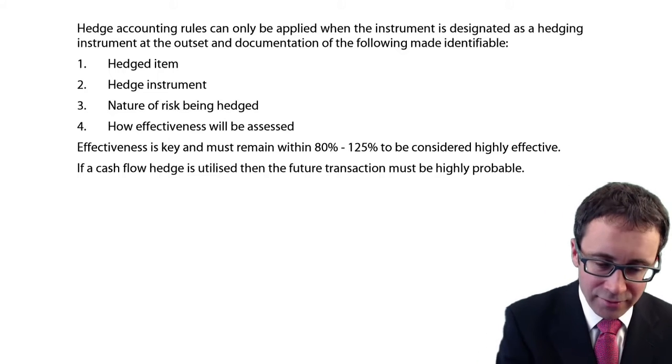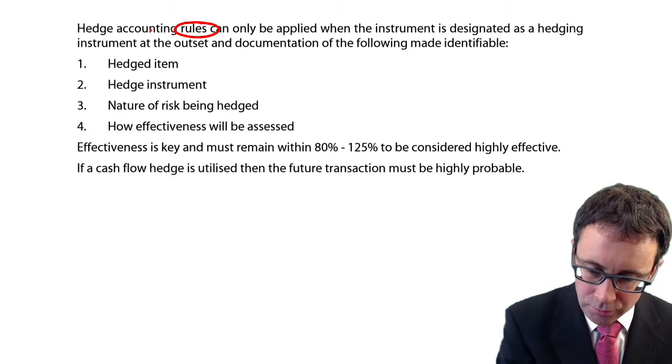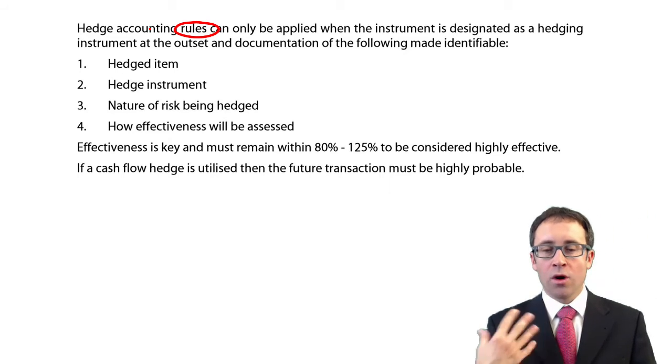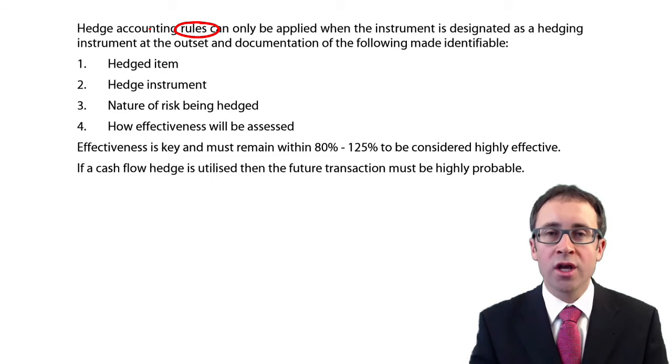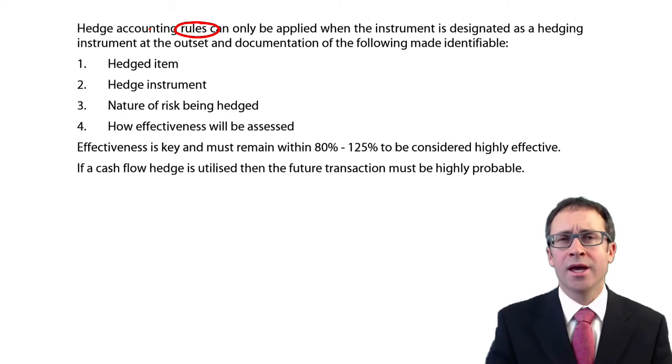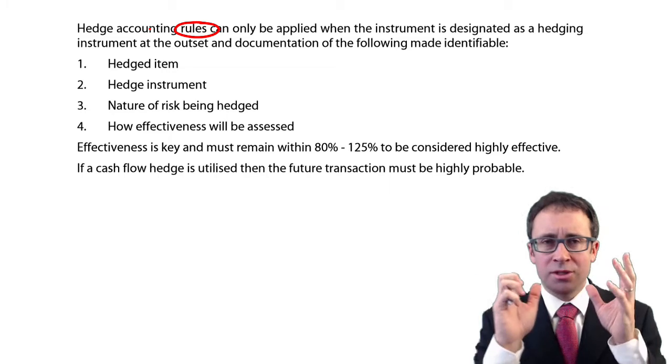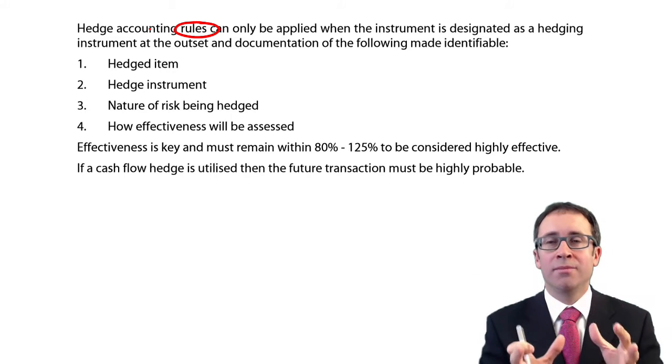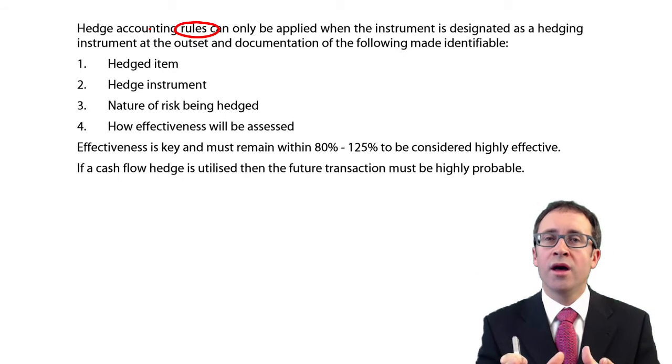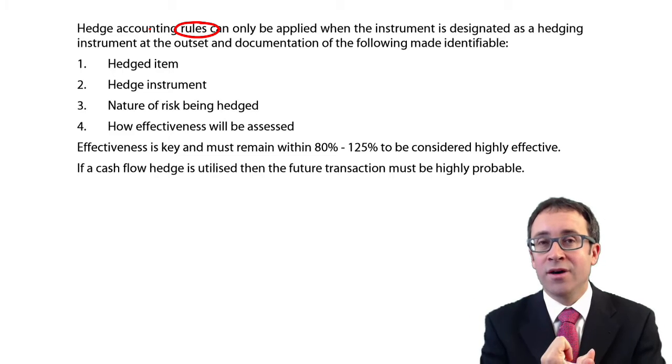So what we have to have are rules. What you have to do is document each hedge. You have to have specific documentation in place that identifies what the item is.